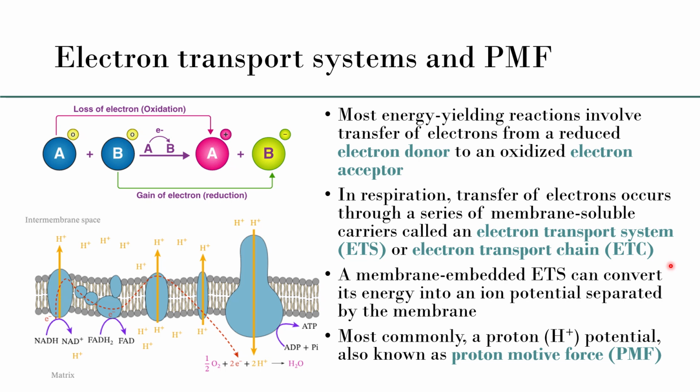If we did this all in one go, too much of the energy would be lost as heat. And so by breaking it down into smaller piecewise reactions, we can pull more useful energy out of these electrons. And we use that, as I said, to make our proton gradient to give us proton motive force. That's an energy source for other things in the cell.